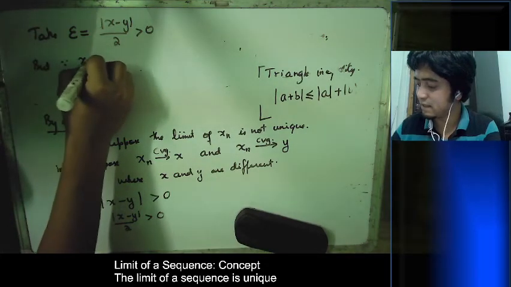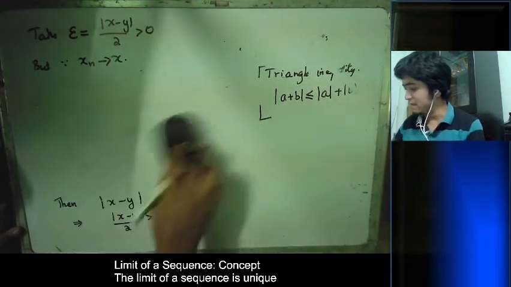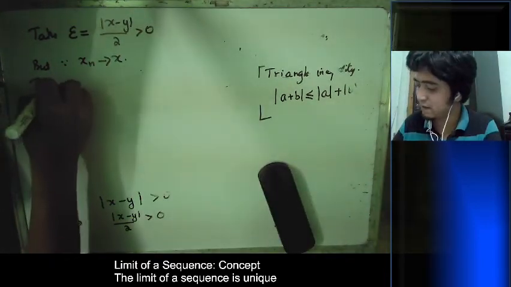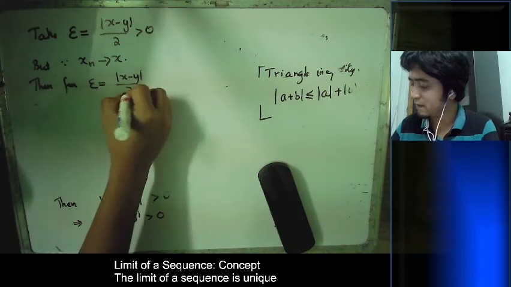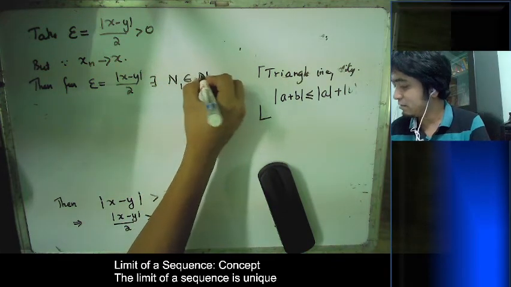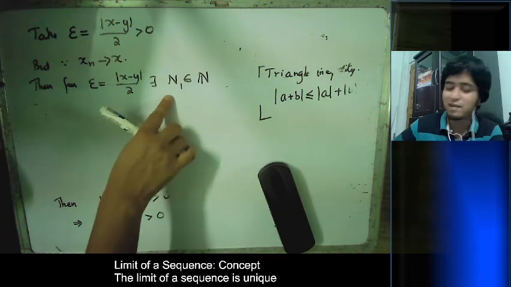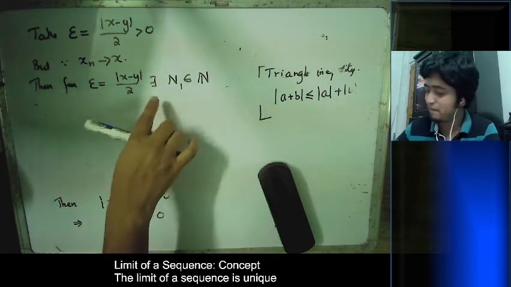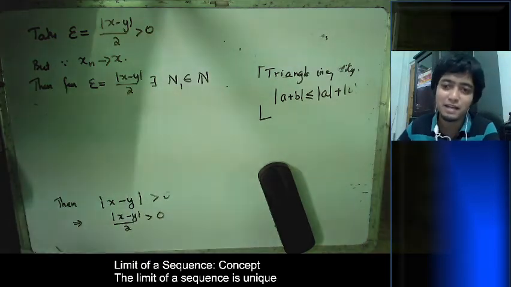But since xn converges to x, if you use the definition, then for epsilon equal to (x minus y) by 2, there exists n belongs to N. I can even replace it with n1. It is a natural number, that is fine. Sometimes you will use n, sometimes n2, n3, and so on.